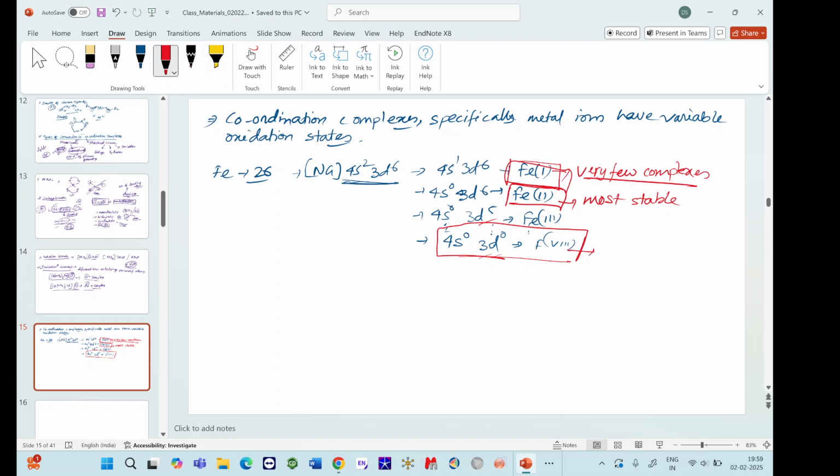So this is not possible. Iron 3 is also stable, not as much as iron 2, but it is stable, and it can go maximum to oxidation number 6.